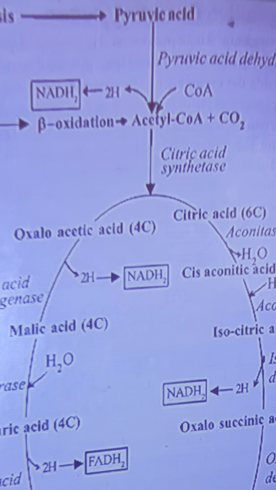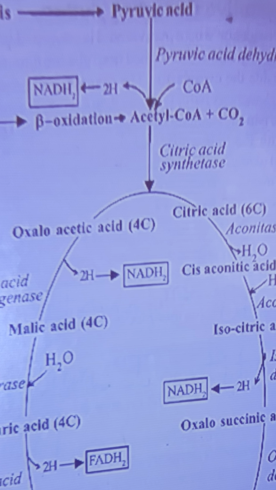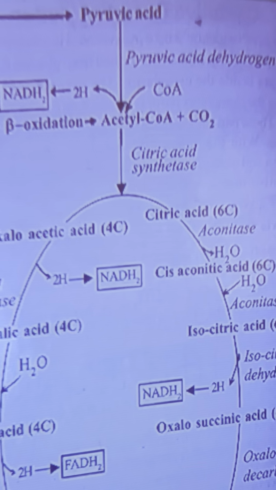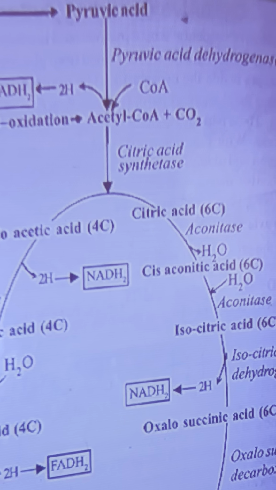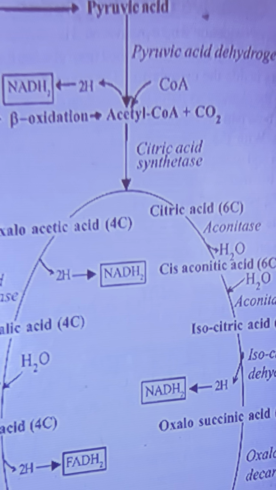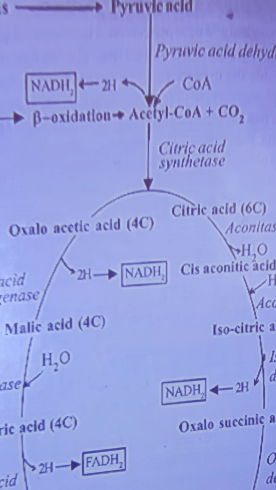Pyruvic acid combines with CoA and with the help of pyruvic dehydrogenase enzyme, it will be converted into acetyl CoA plus CO2.